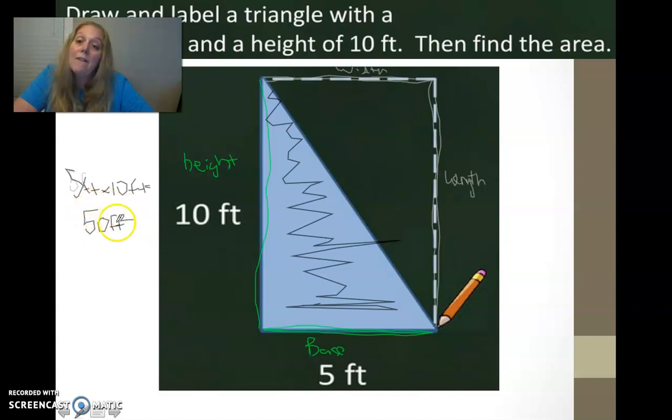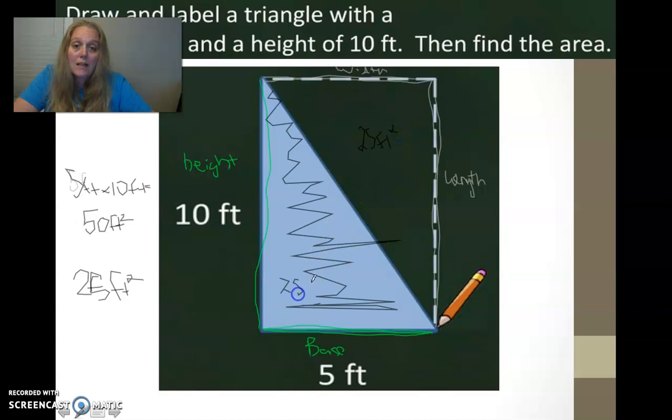So if I have 50 feet squared, or 50 square feet, I know half of 50 is going to be 25 feet squared. So the area of this triangle is actually 25 feet squared. So this triangle would be 25 feet squared, and the triangle over here will be 25 feet squared.